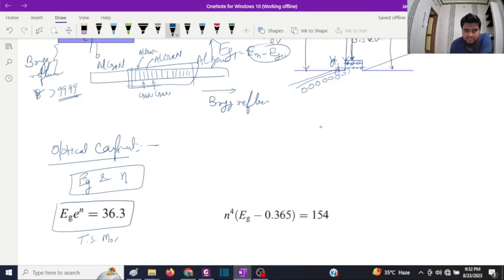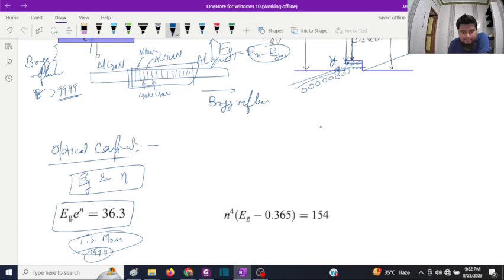In fact, this is a modified version. T.S. Moss first explained the relation between refractive index and band gap in semiconductors in around 1949 or something. Quite old research.